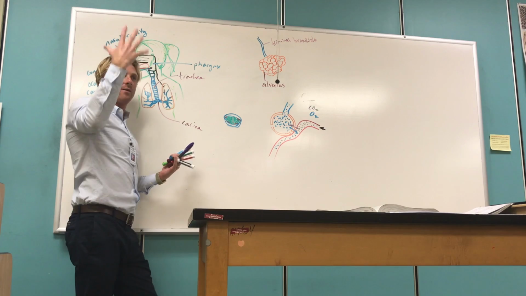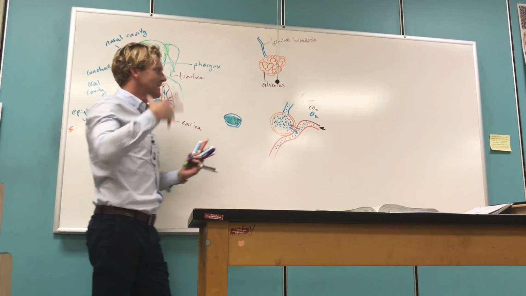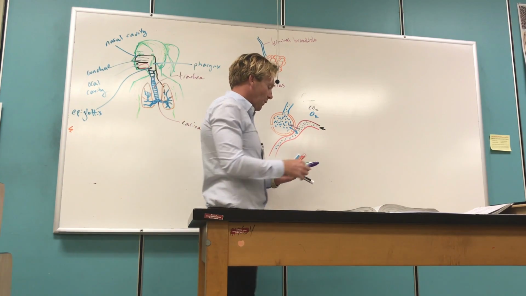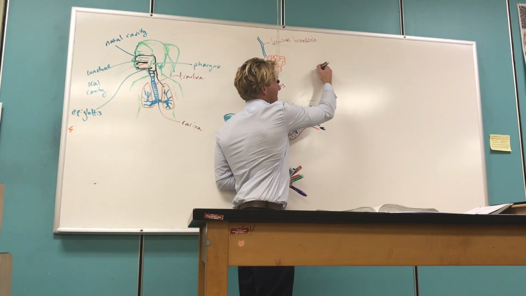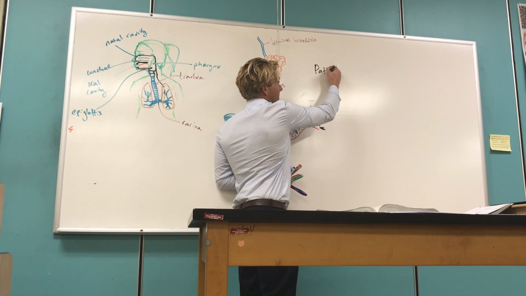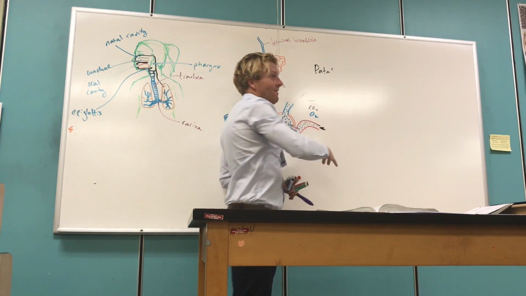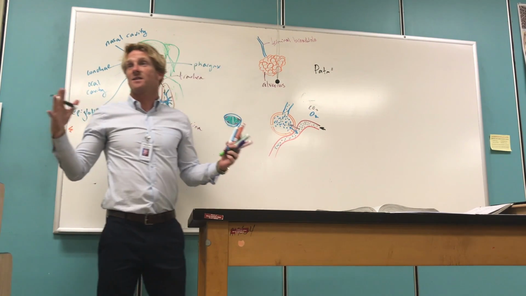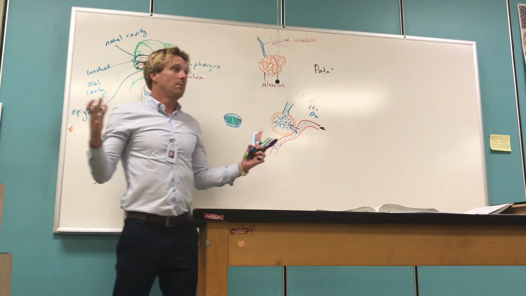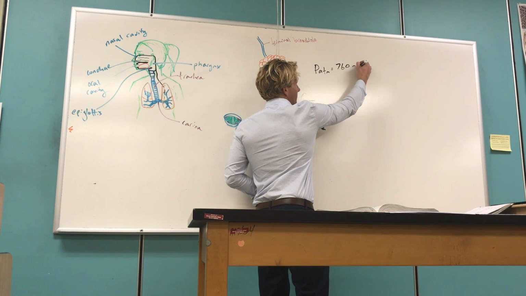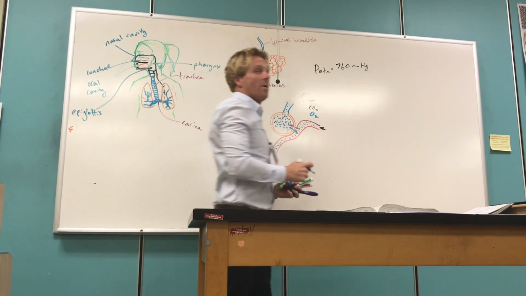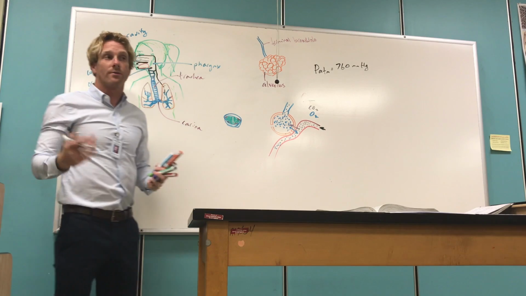So pressure is kind of like the weight of gases around you. More gases, more weight. The total pressure of the atmosphere is around 760 millimeters of mercury. So the pressure of the atmosphere, that's all of the gases, the weights of all the gases added up. It equals 760 millimeters of mercury. Millimeters of mercury is just a unit for measuring pressure.